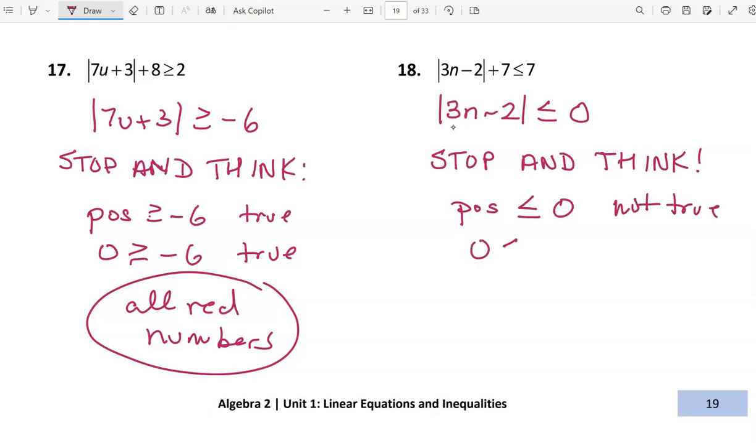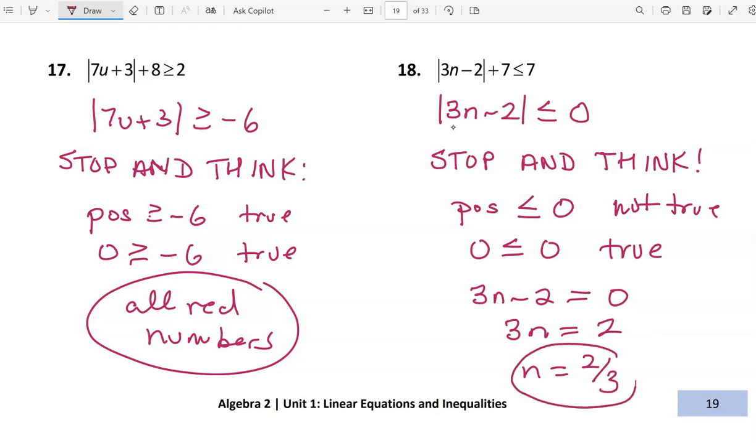How about 0 is less than or equal to 0? That's true. So the only time when this statement can be true is when the absolute value is equal to 0. When is an absolute value equal to 0? When its contents are equal to 0. So now we just have one equation to solve by adding 2 and dividing by 3. So there is really only one single solution to this inequality, and that is n is equal to 2/3.